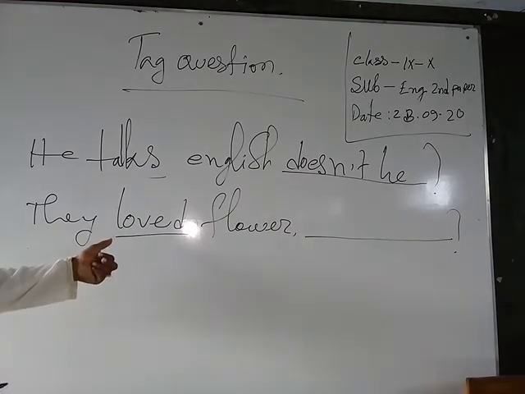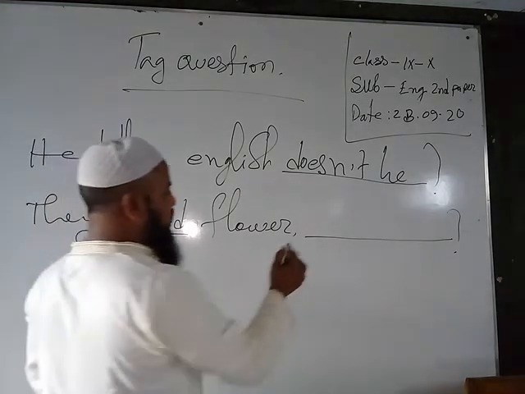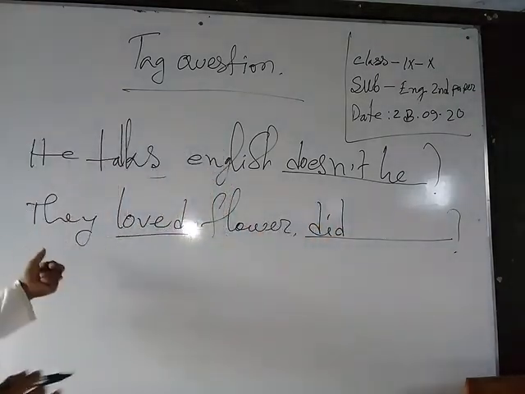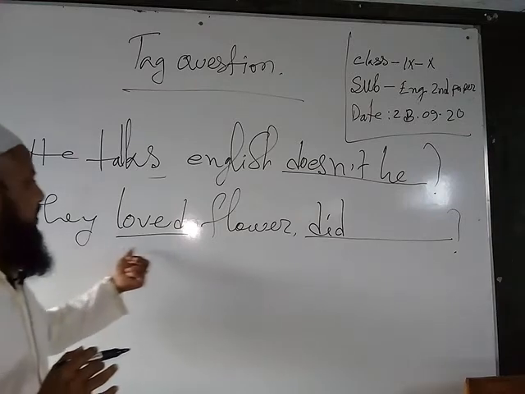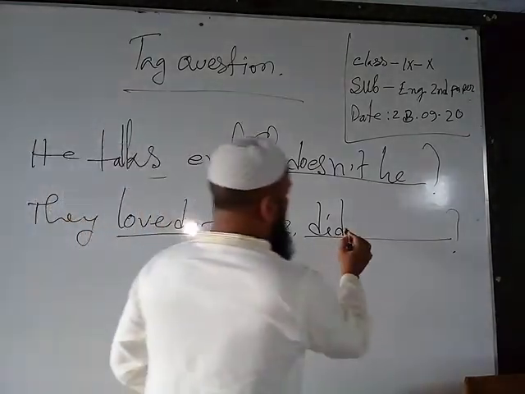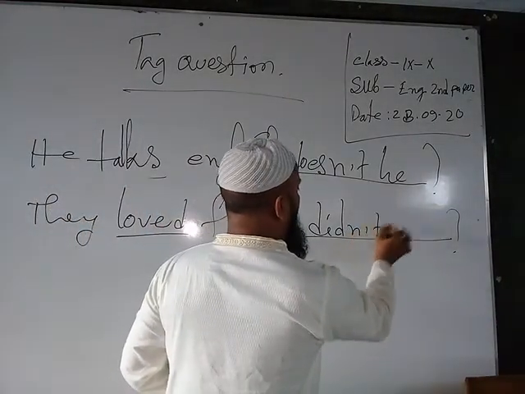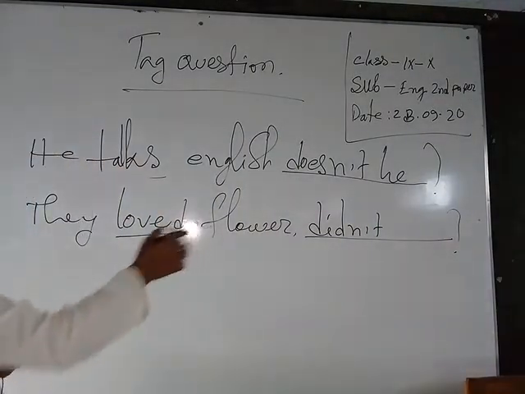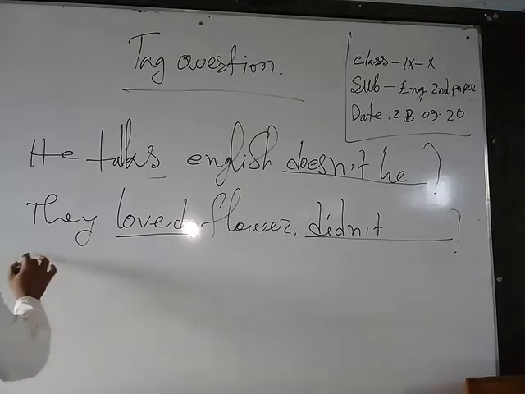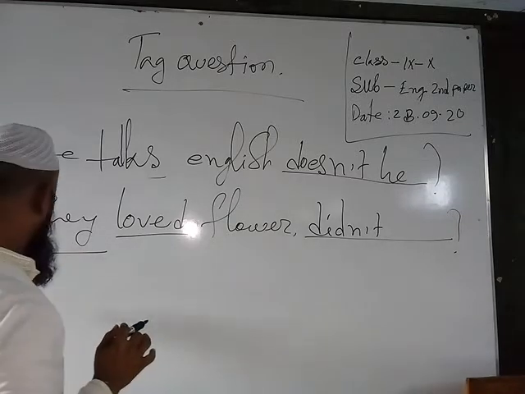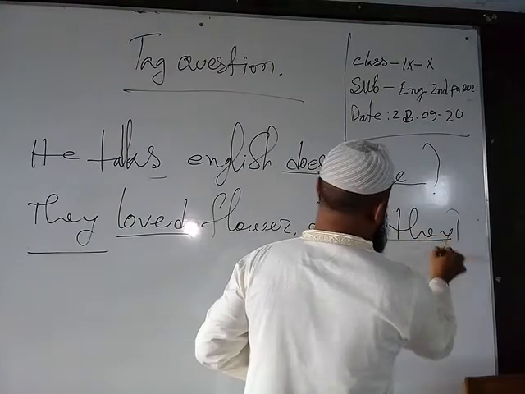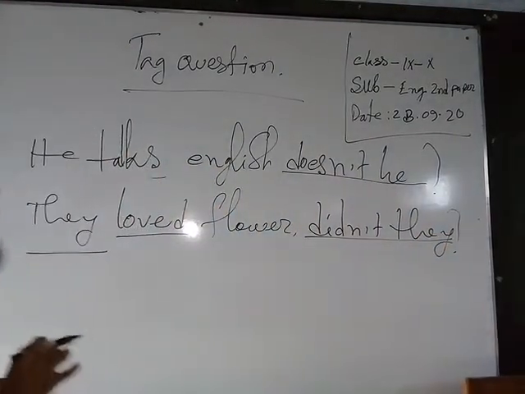The verb is loved, the past form, so we use did, and the sentence is affirmative, so we use an apostrophe t. That means the tag answer is didn't, and the subject is they, so we use they directly. The answer is didn't they.